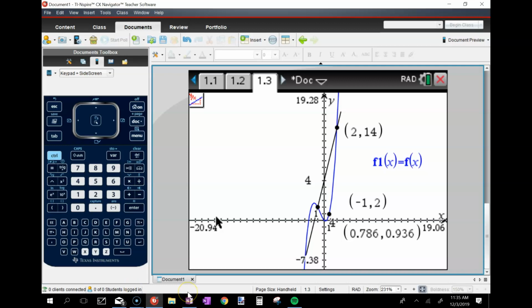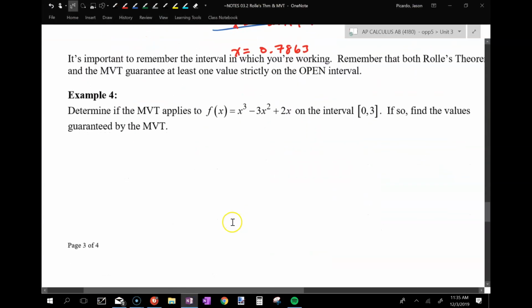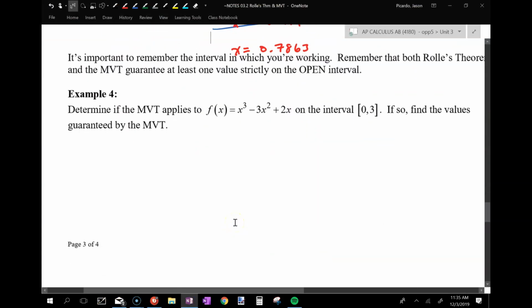Oh wait, but that would actually change the slope, wouldn't it? If you change the interval. So it's all relative to the interval anyways. Nonetheless, go ahead, do this example 4.